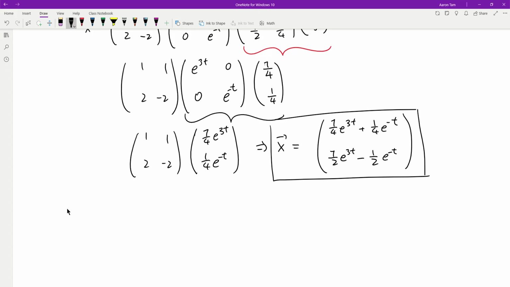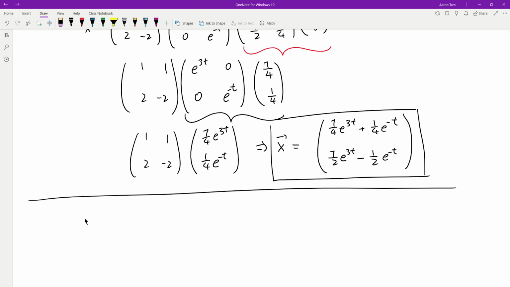Now, how about the same exact question? What if we change the initial condition to this?